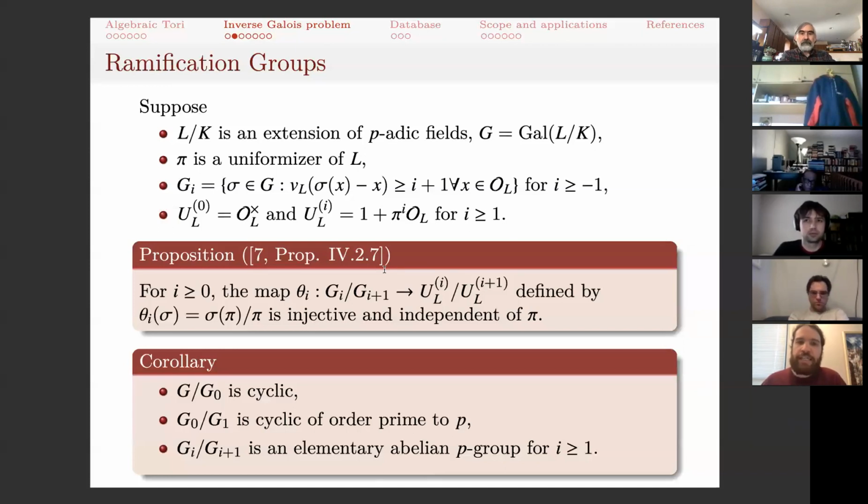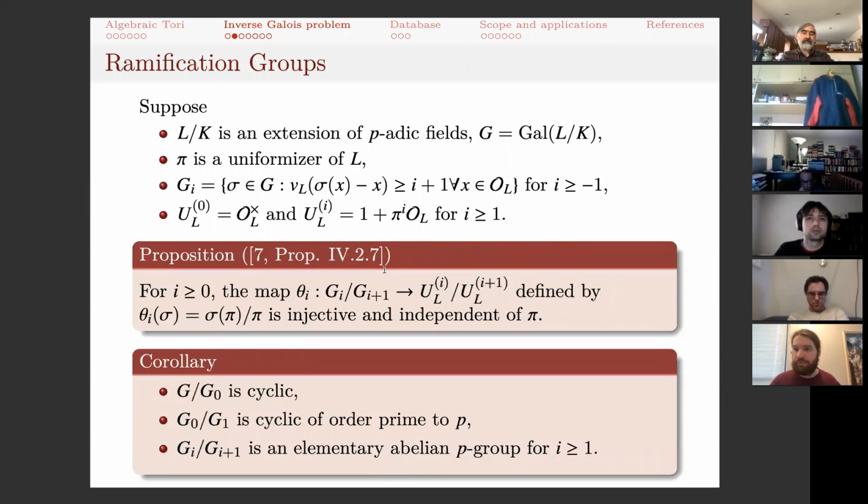You set G_i to be those elements sigma so that when you apply sigma to an element x of your field, the valuation of the difference between sigma(x) and x is always at least i. So the identity is contained inside every G_i, but any non-identity element is going to move some element of the field, and so there's going to be some value of i where it's not contained.